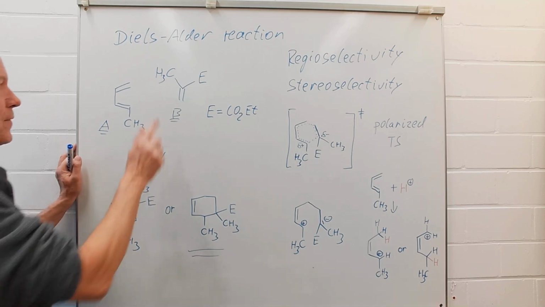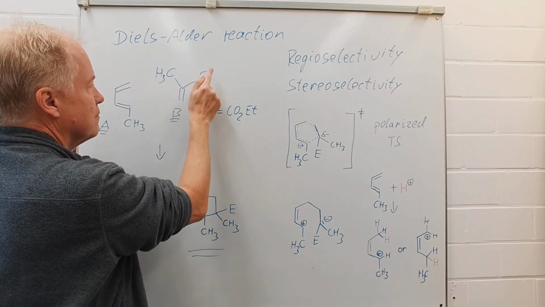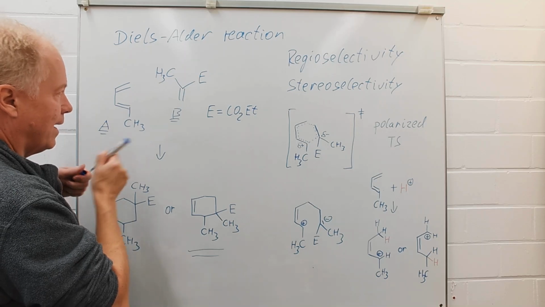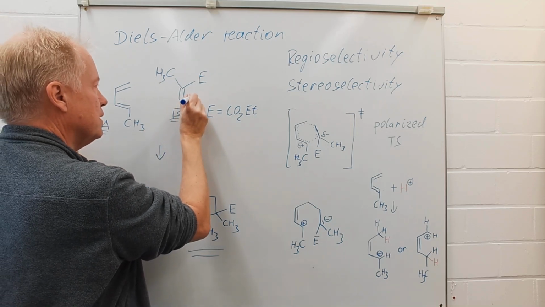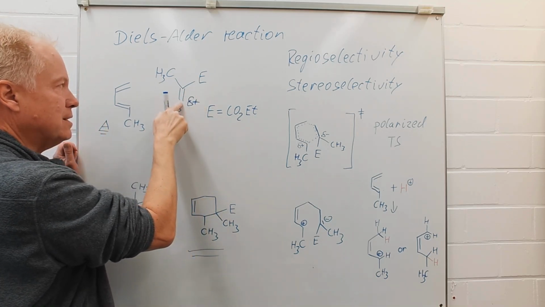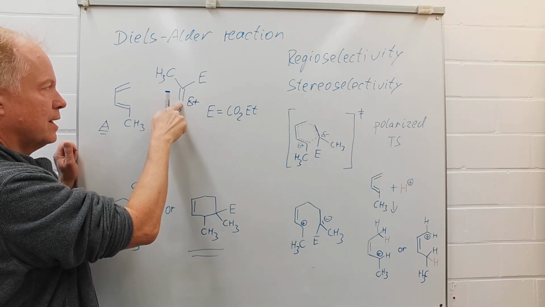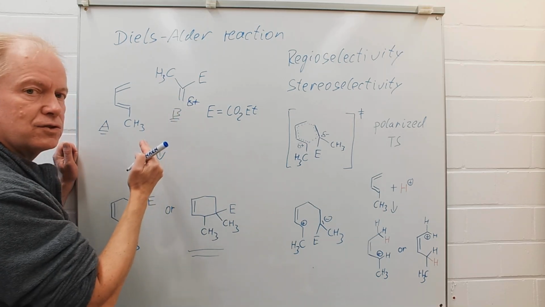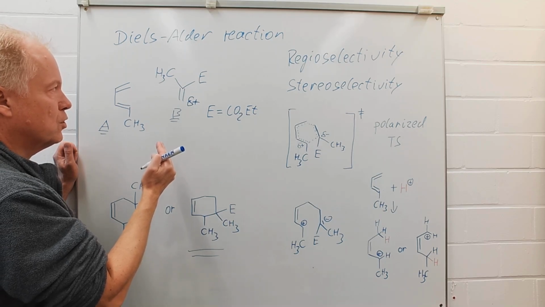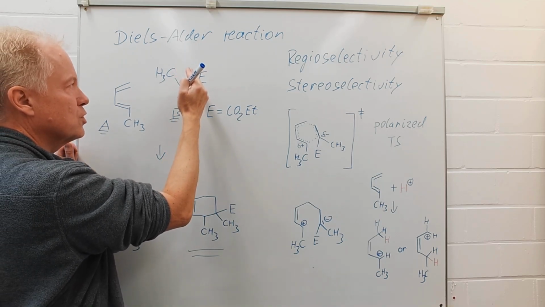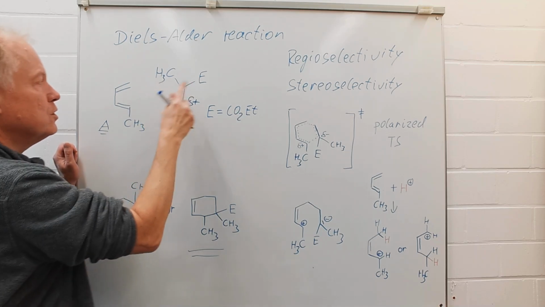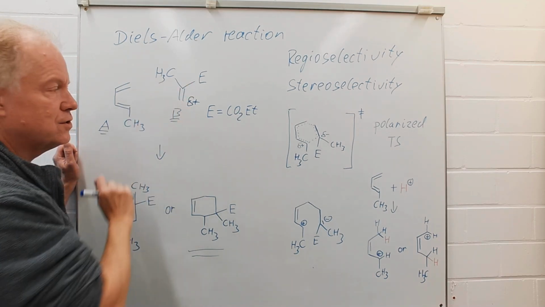Well, as I said, this is an electron-poor dienophile, and we have here in beta position a positive polarized situation because the conjugated ester is diminishing the electron density here.